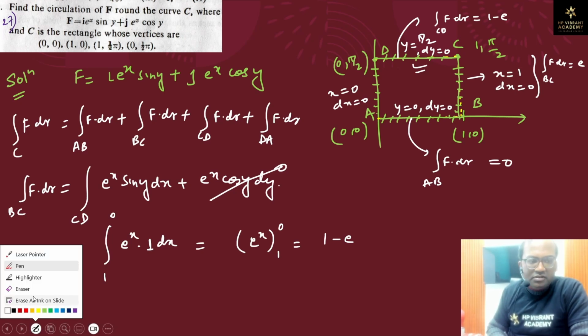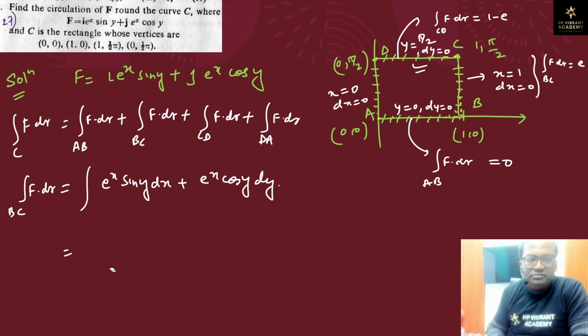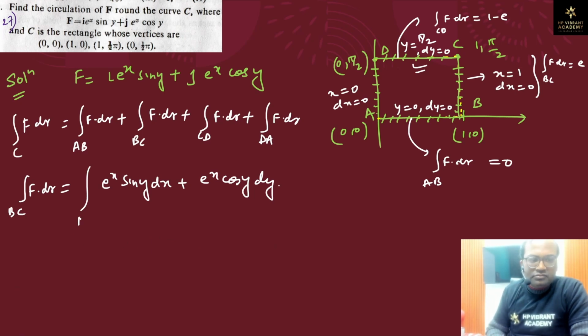Now let us find it along DA. Along DA we have the value of x is 0. So e to the power 0 is 1 into sin y into dx.